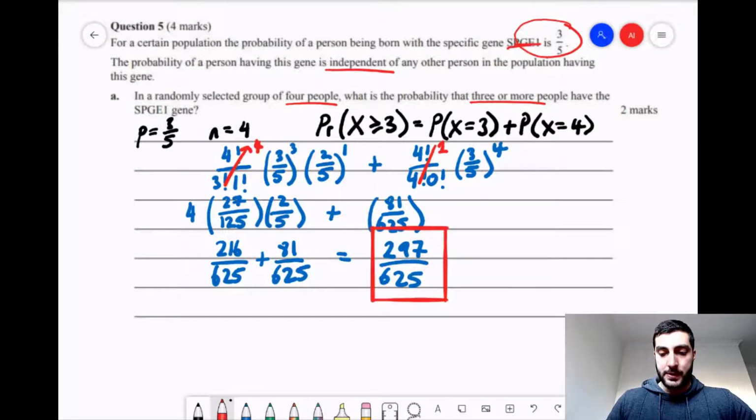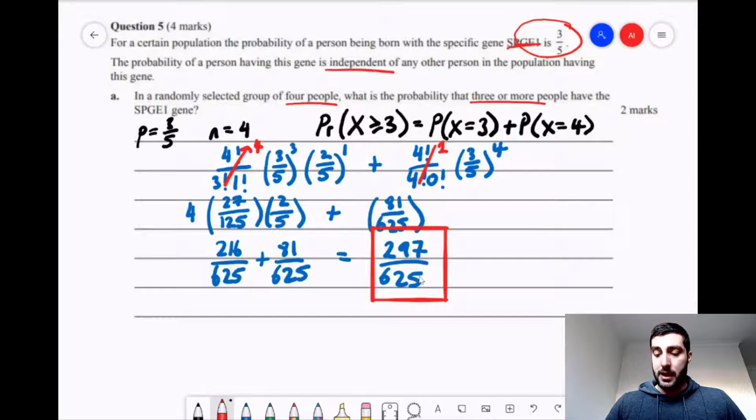Great. So the most common mistakes with this question, besides the arithmetic, because obviously the arithmetic might be a little bit on the trickier side for this question. That's not really a simple fraction per se, so that's where a lot of people tend to lose marks.